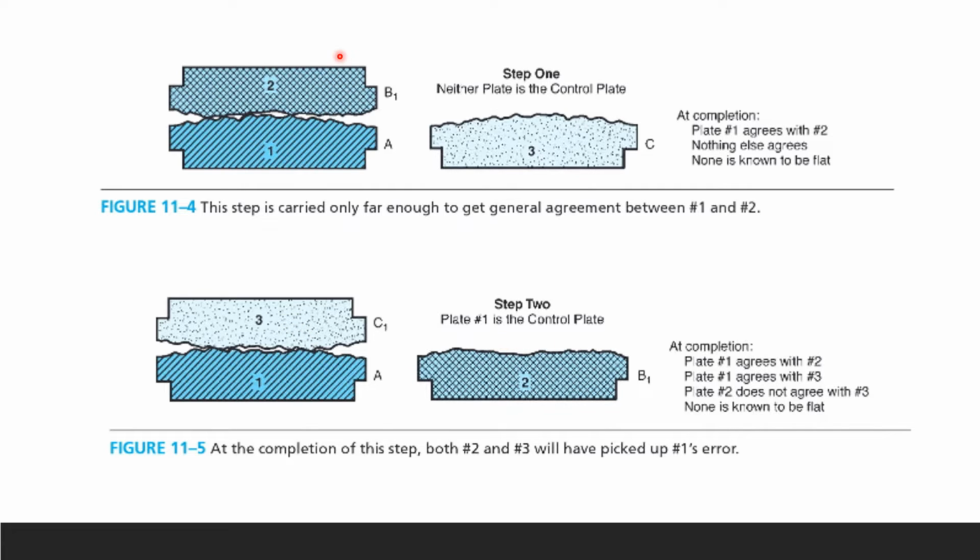We already did that right here in step 1. Now we are going to call this plate number 1 the control plate. Again, we're finding agreement between the two surfaces. Up to step 2, none of them is known to be flat, okay?